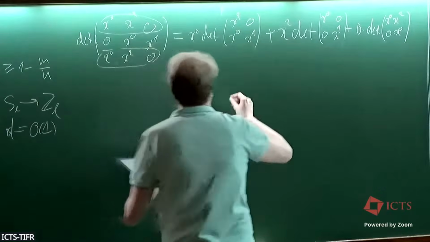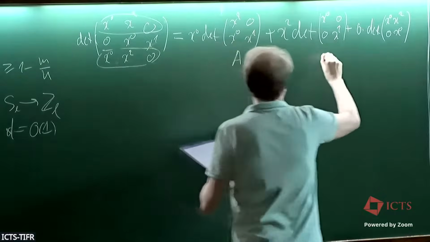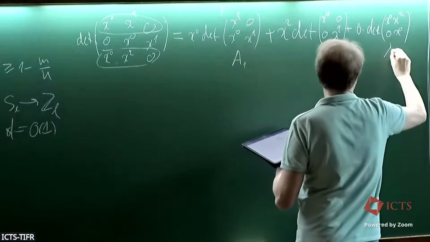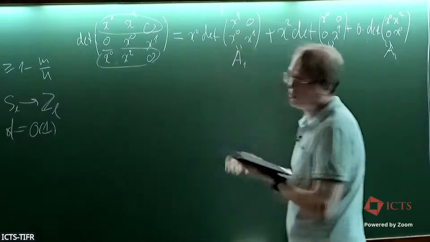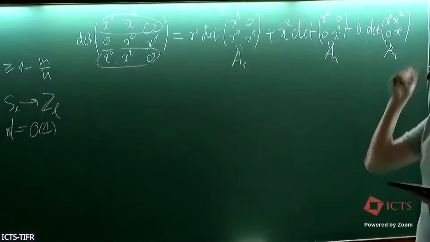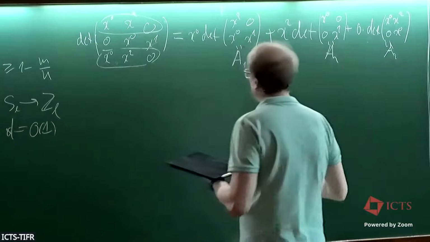Let us call these A1, A2, and A3. These determinants are polynomials, and so we can calculate them.